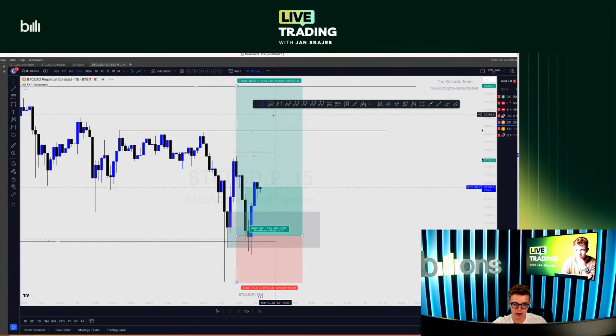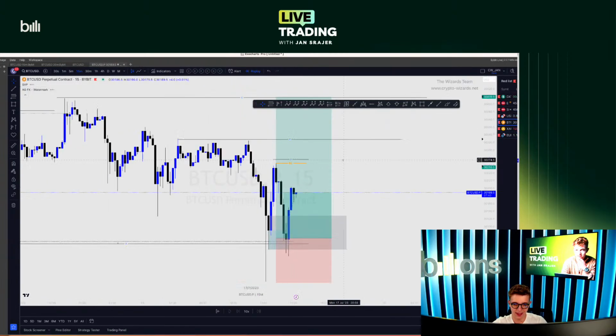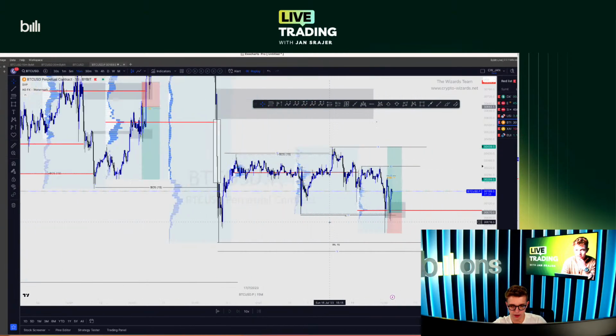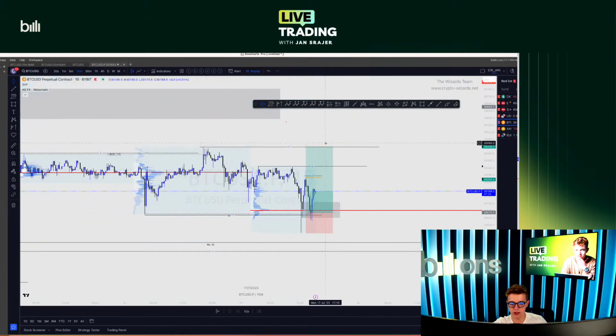Oh yeah, I know what I wanted to check. A naked POC. Do we have any? No. But this unfinished auction looks pretty damn good.